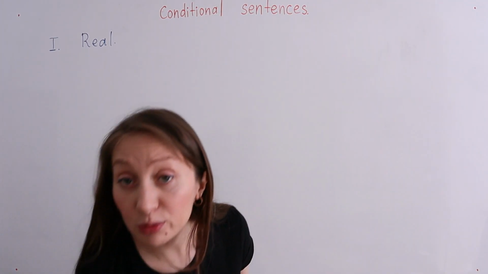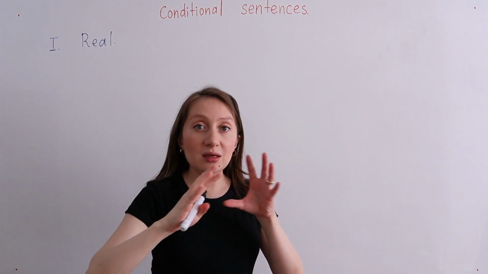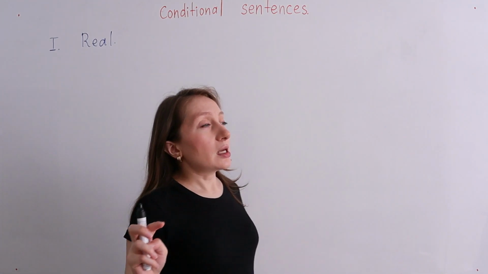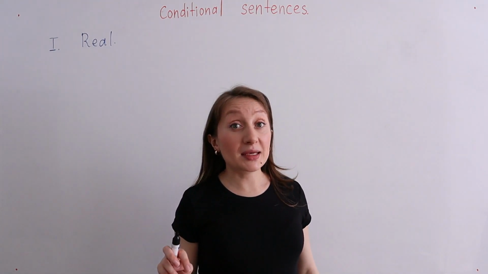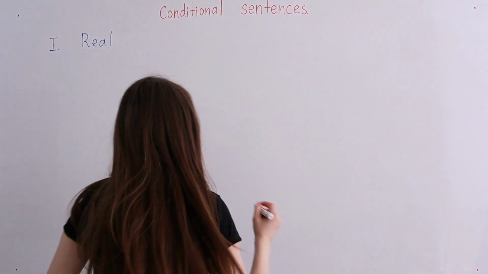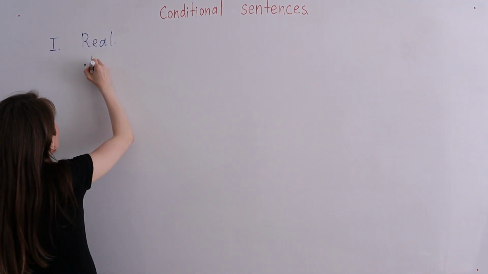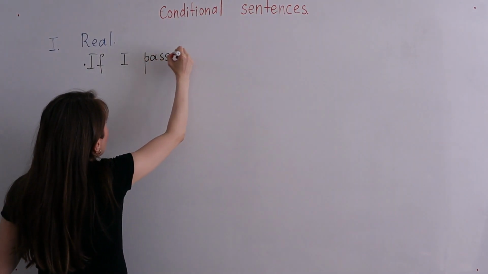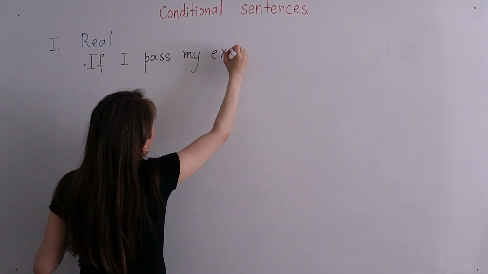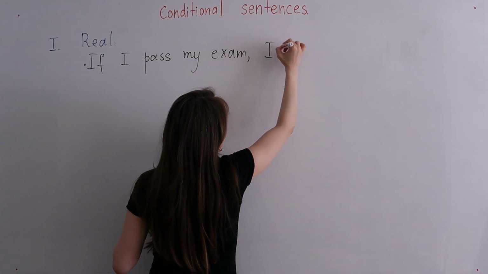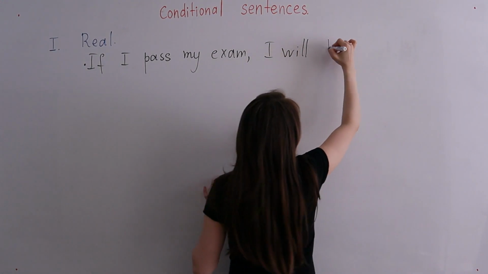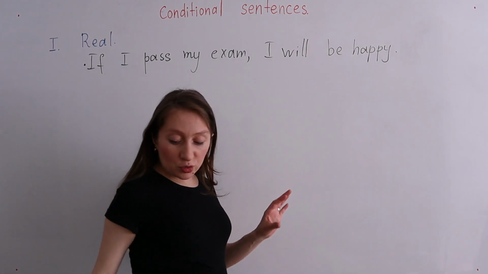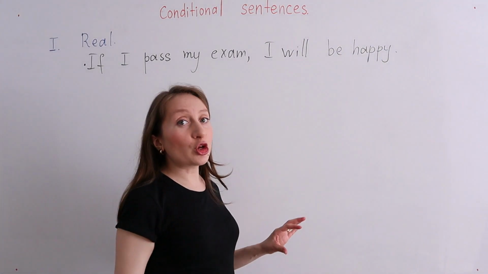For example, I will write a sentence and then I will explain the structure. The first sentence is: If I pass my exam, I will be happy. You see, there are two clauses.